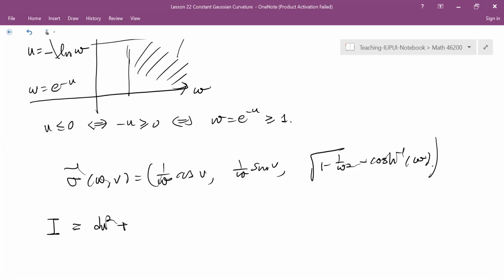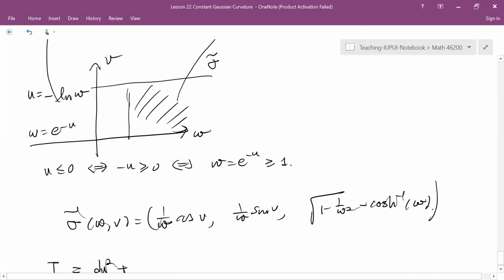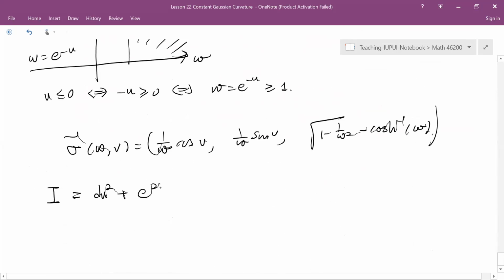Yeah, F is e to the u, so it's e to the 2u dv squared, right?